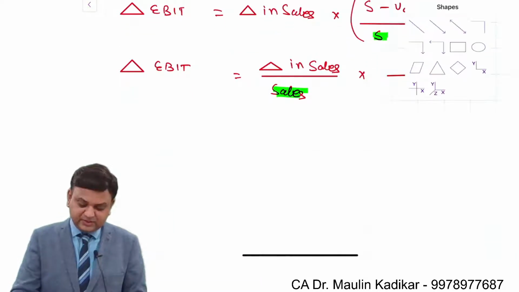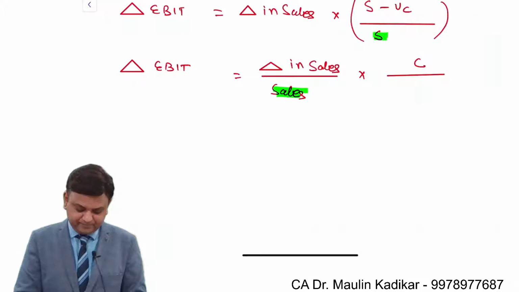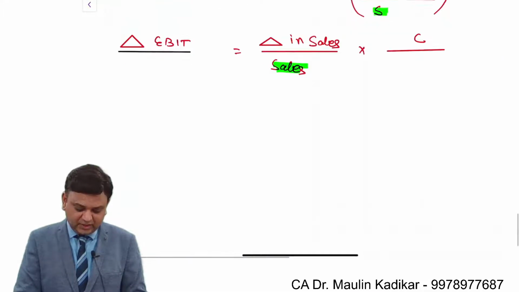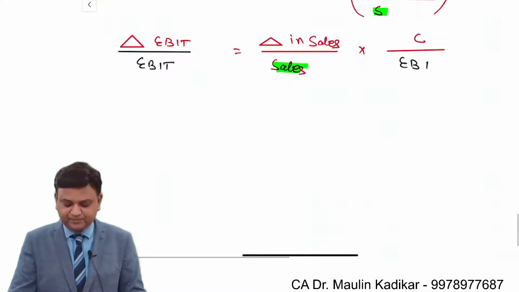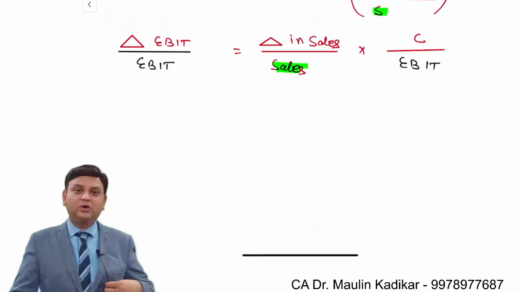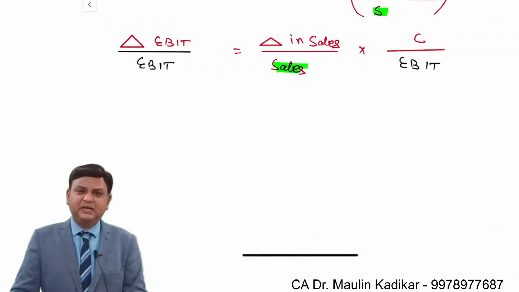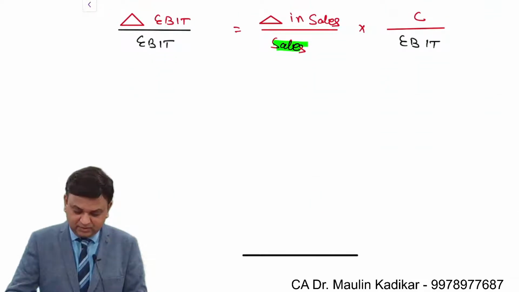Now for the purpose of derivation, I divide both sides by EBIT. So I am writing EBIT here and EBIT here. That is permissible. Whatever you want to do, you can do on both sides: multiplication, division, addition, subtraction, but you have to keep parity. Now listen carefully.